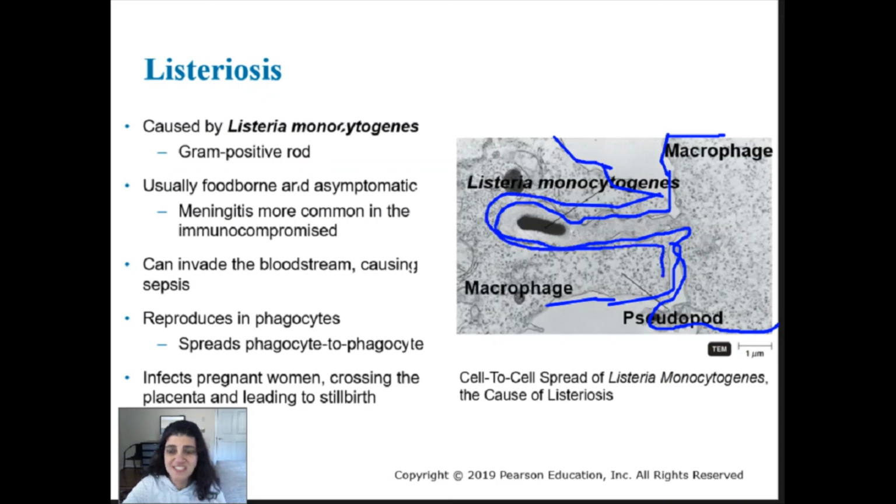Trying to phagocytose that pseudopod from macrophage number 1. And that's how the bacteria induce all this, by inducing membrane ruffling and projection of the cytoskeleton of these macrophages, and then they jump from one macrophage to the next.